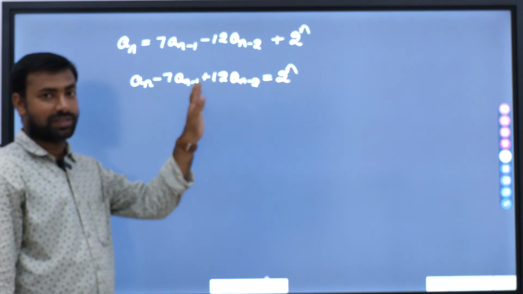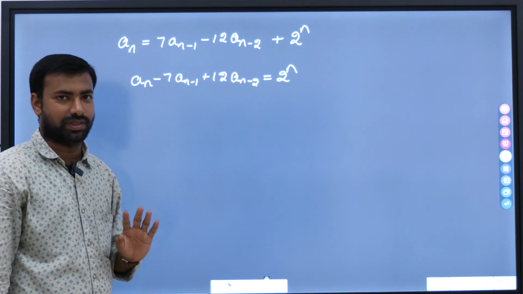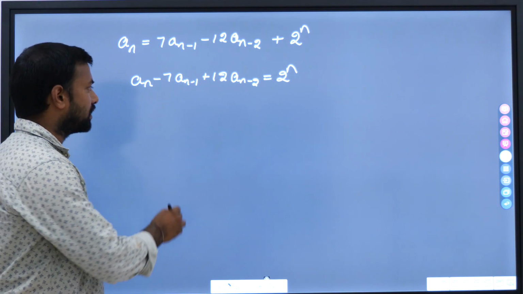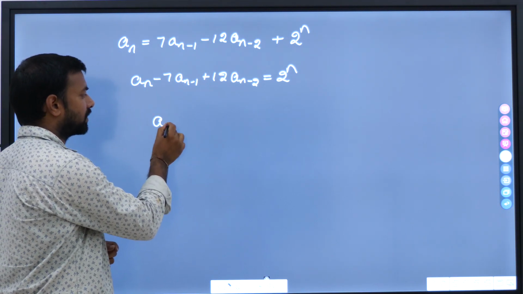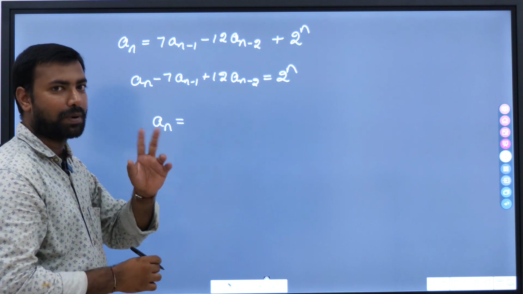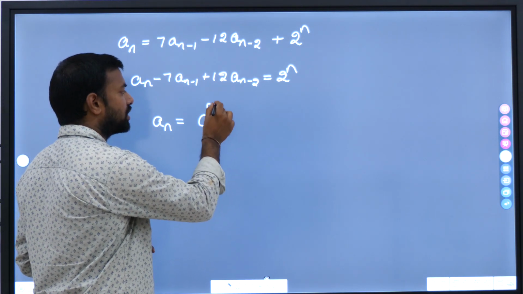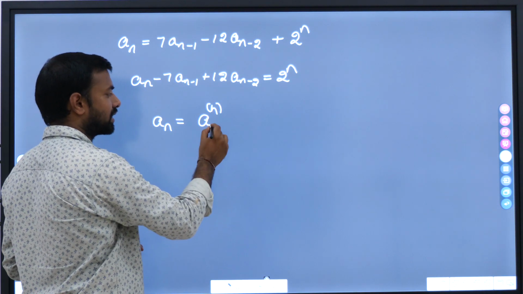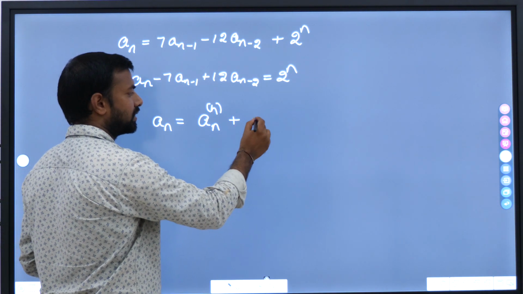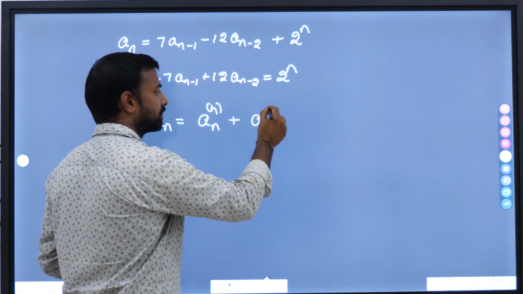Now you can see that this is clearly a non-homogeneous linear recurrence relation with constant coefficients. Now its general solution will be of this form. a_n equal to, it will contain two parts. One part is the solution of the corresponding homogeneous recurrence relation plus one particular solution.